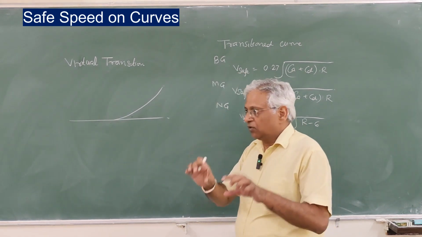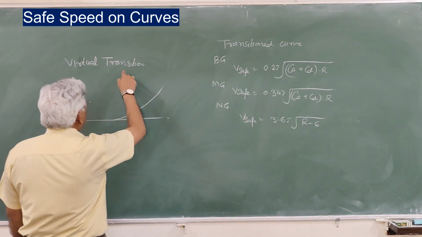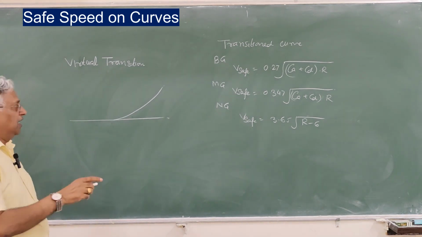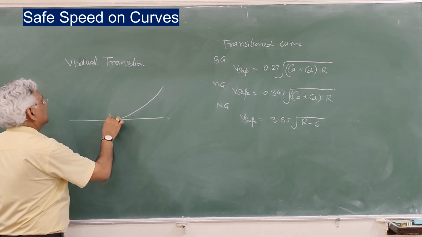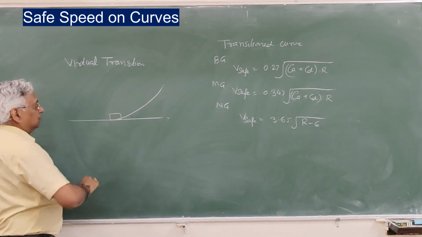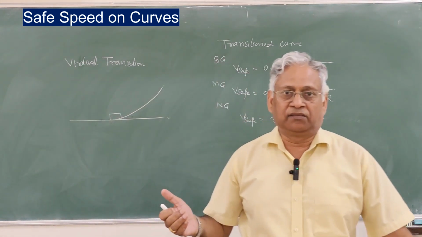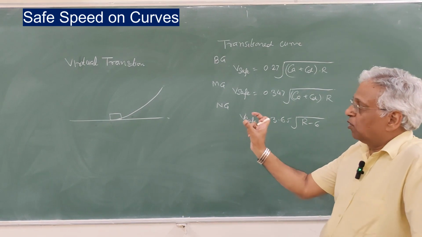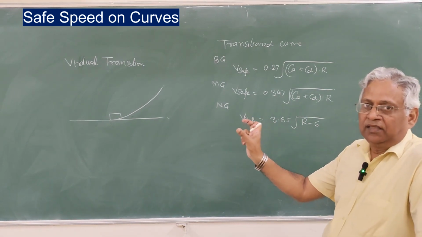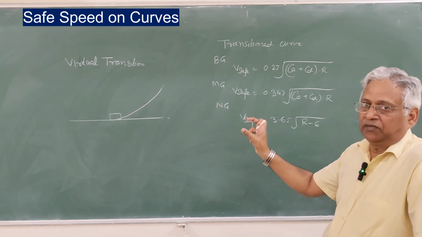In a virtual transition, it is assumed that when the bogie is in this position, half of its length is on the tangent and half on the circular curve. In that small length of transition, the cant deficiency is achieved.